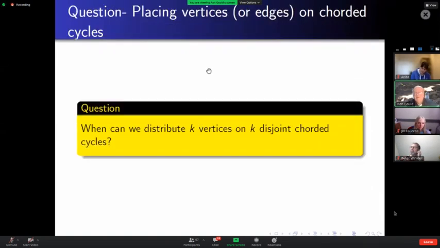Well, if I can place edges in places, maybe I can place vertices in places. So another question would be, when can we distribute k vertices on k disjoint chorded cycles?